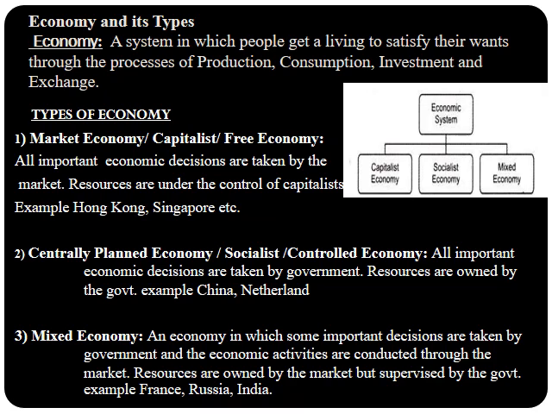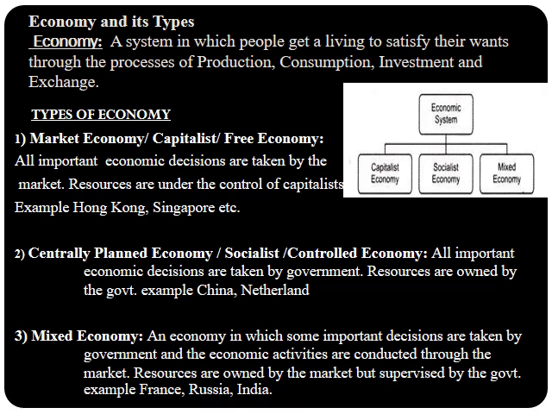Now we are having types of economy. What are the different types of economy? There are three main types of economies. First, it is market economy. It is also known as capitalist or free economy. In this type of economy, all the important decisions are taken by the market.